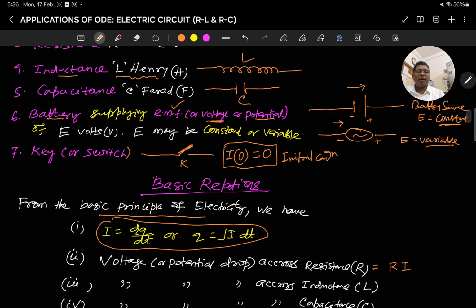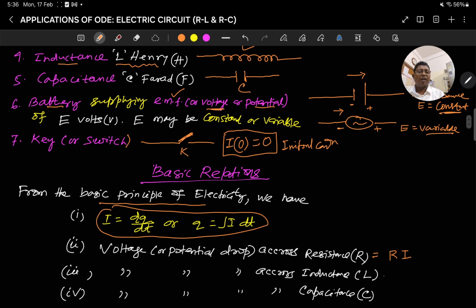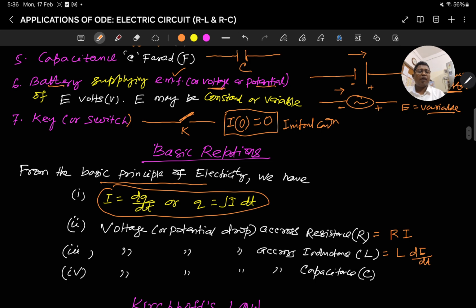The voltage drop across your inductance L is L di by dt. Then the voltage drop across C is Q by C, and Q is the integral of I dt, so it is 1 by C integral I dt.